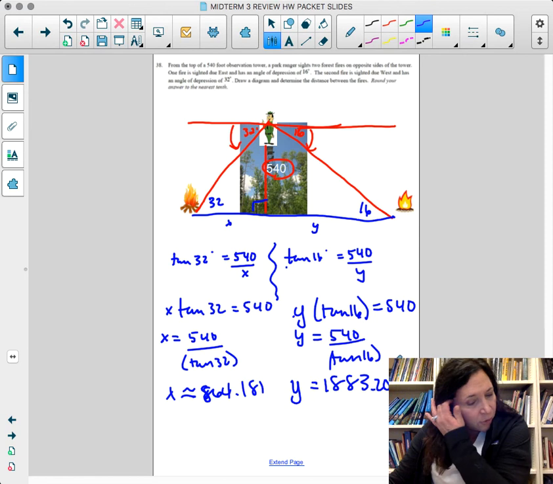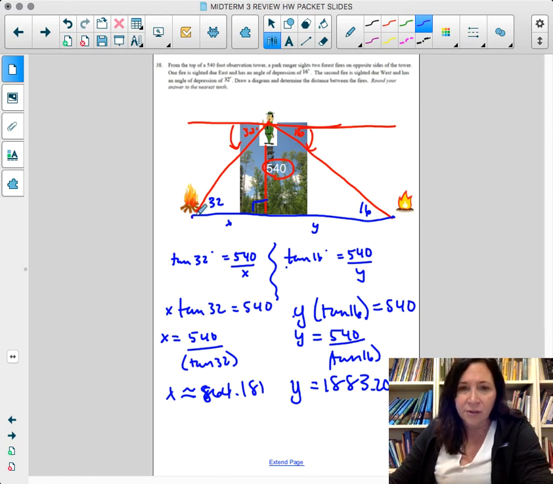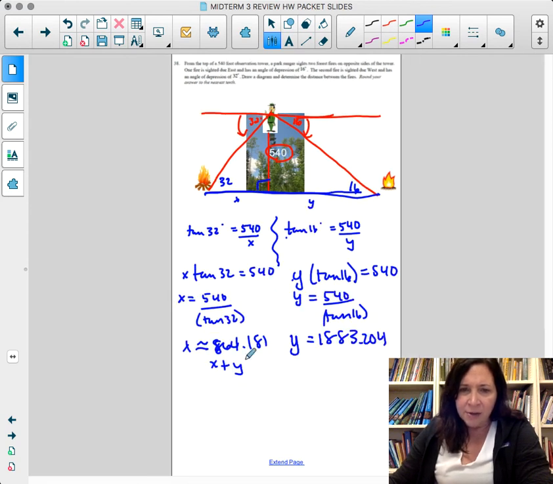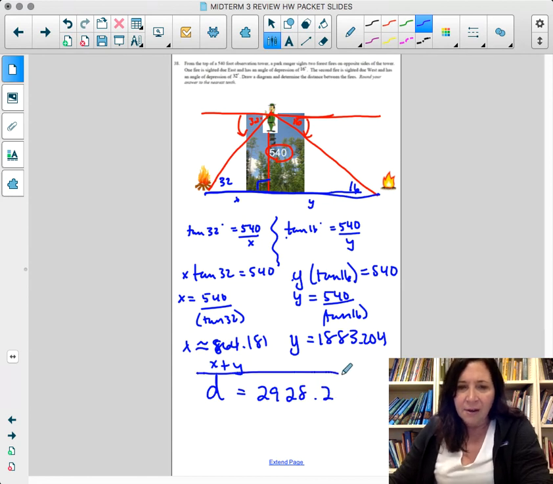Because what I'm looking for is the distance between the two, we're going to add the two values up. So it's going to be x plus y, 864 plus 1883. So the total distance is going to equal 2947 something. All right, and so that's that answer.